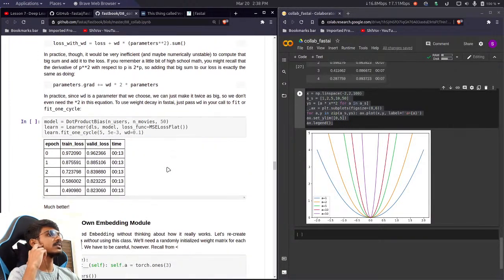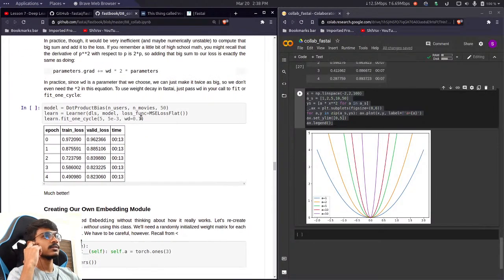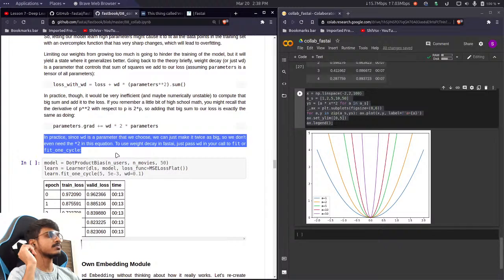All right, let's get back to the notebook. Where was I? We were reading this paragraph.